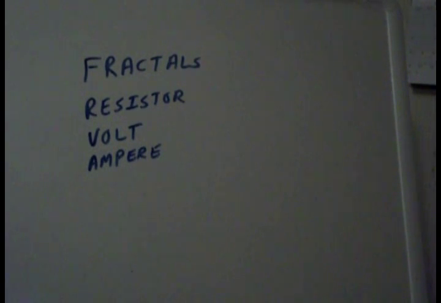Now, the very first battery that was ever invented was invented by Alessandro Volta. What he did was he took a couple of metals and he put them in salt water and he put stuff in between them.